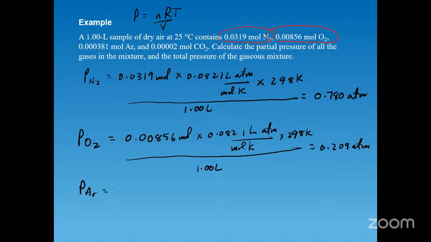So in the case of argon, what's the moles? 0.00002 moles times R, which is 0.0821 liters atmospheres over mole Kelvin, times the temperature, which again is 298.